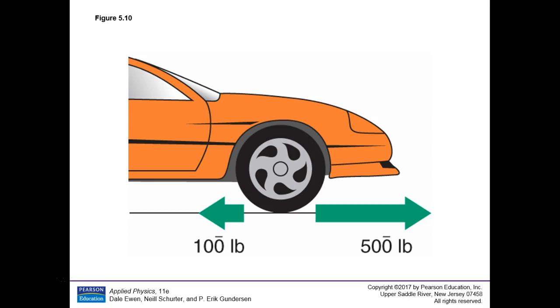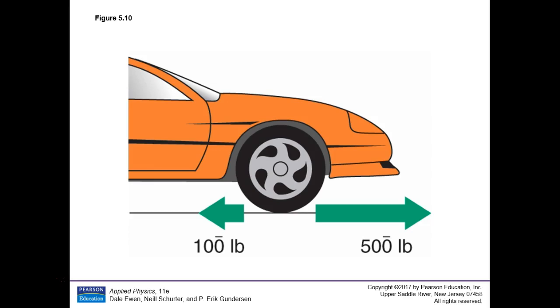You've got static friction there. If you're pushing back against the road with 100 pounds of force, but the engine is pushing ahead with 500 pounds of force, that means you're going to accelerate.